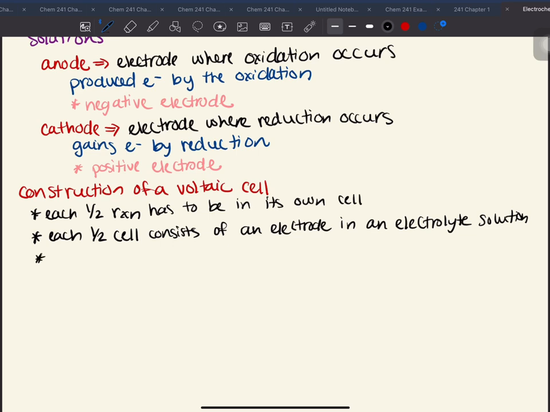And then finally, the half cells must be connected by an external circuit.